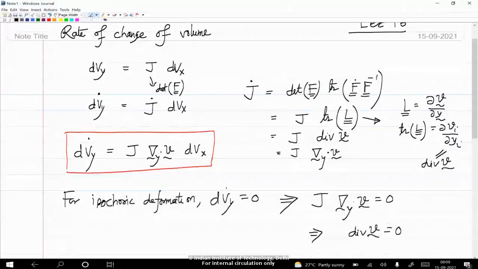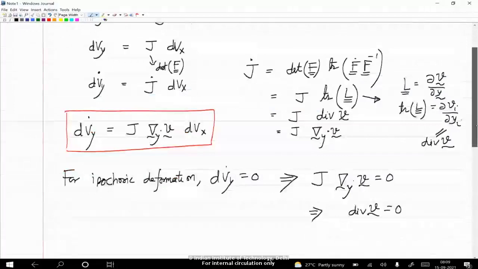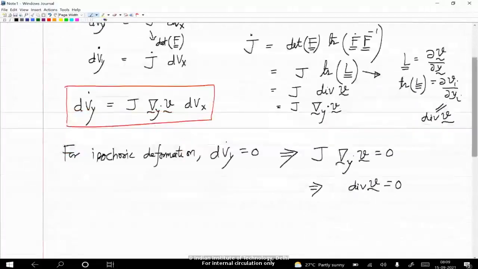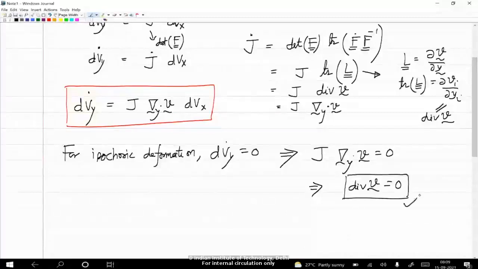And I guess this is something the people from fluid mechanics can relate. Whenever you have incompressible fluid flow, then you always have this accompanying equation that divergence of velocity is equal to 0, right? So it's a practical example that for incompressible fluid flow, you have this case.